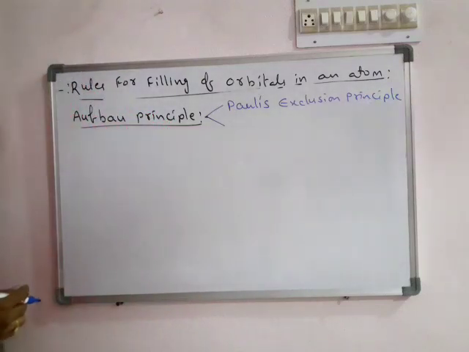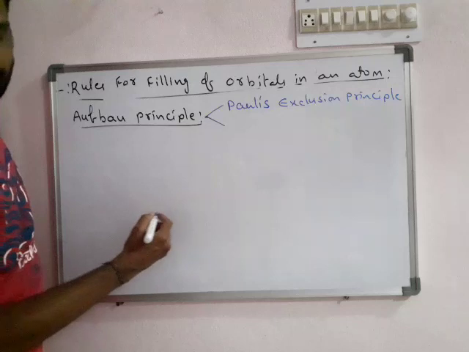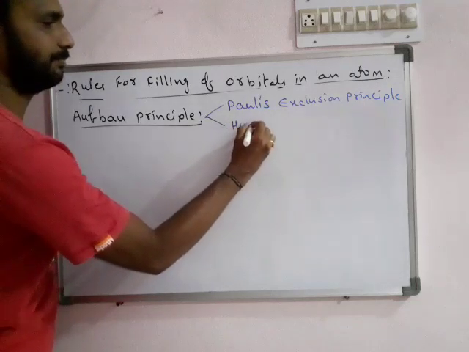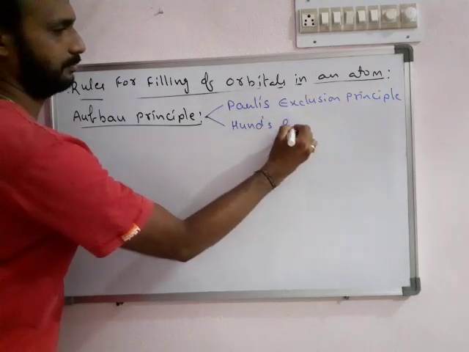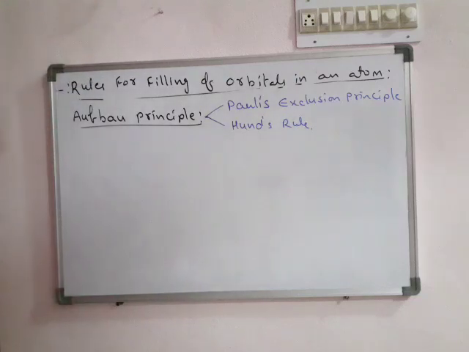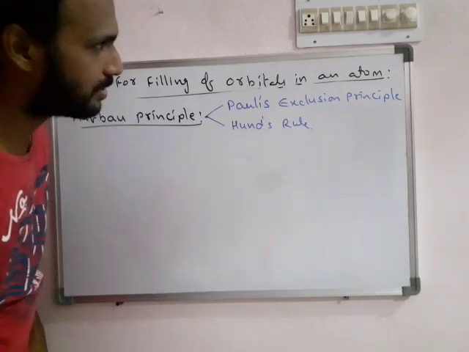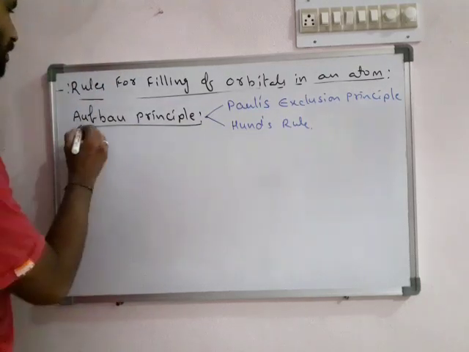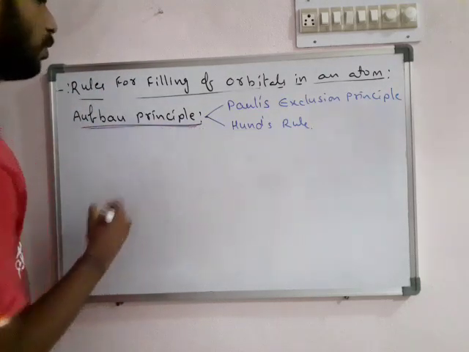And the other thing is known as Hund's rule. So these are the main 3 laws that take place in filling of orbitals with electrons in an atom. First we see about the main rule, that is the Aufbau Principle.